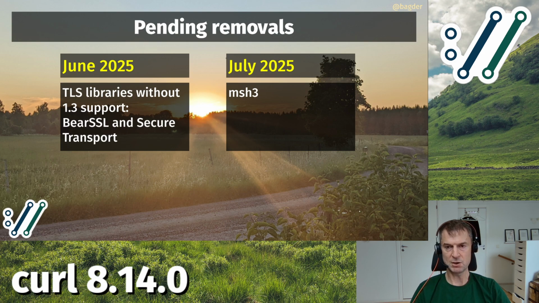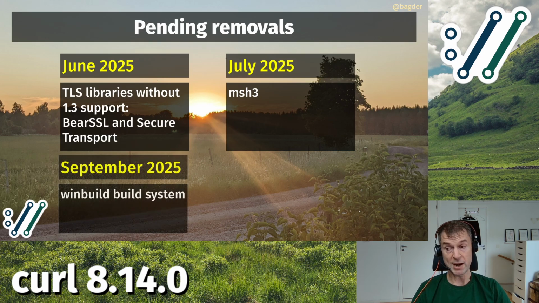So it'll go in July. And I should also repeat that everything I say here about pending removals, we can still revert these decisions in case of proper demand and proper attention, or if a dozen developers show up who want to work on this, then we could discuss going another route. But this is still the plan for now.